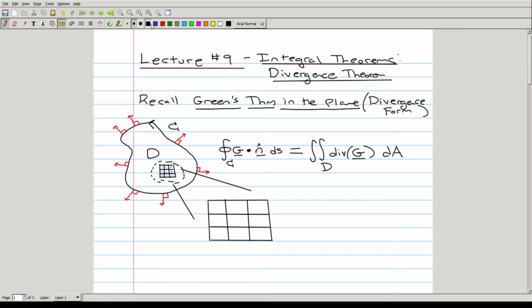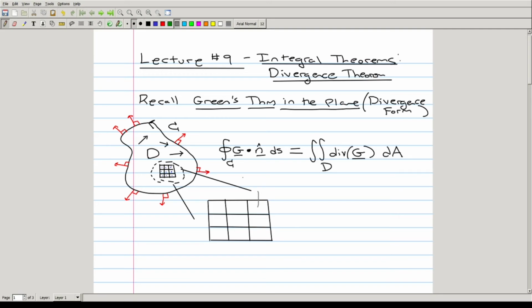And so the idea here is that if we have our vector field G, which is defined at all points throughout our domain, we know that the divergence of G is in some sense giving us an idea of the amount the vector field is stretching or diverging from every given point. If it's negative, it means the point's a sink, and if it's positive, it means the point's a source.